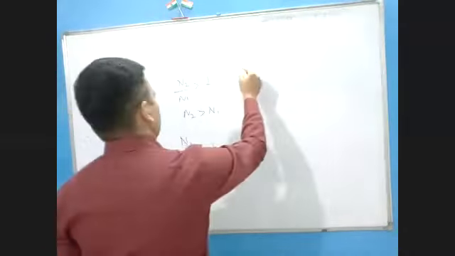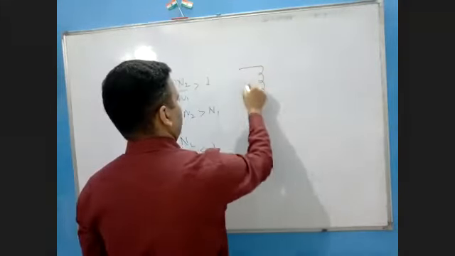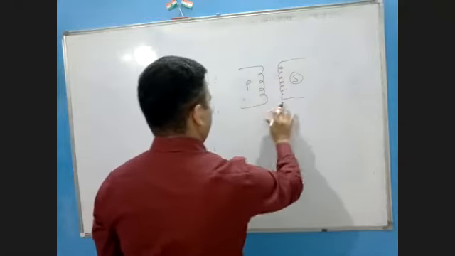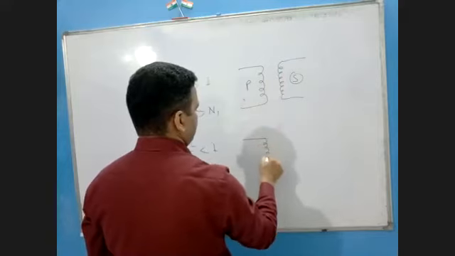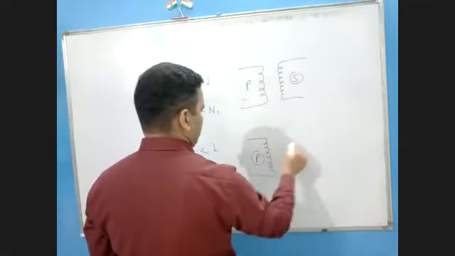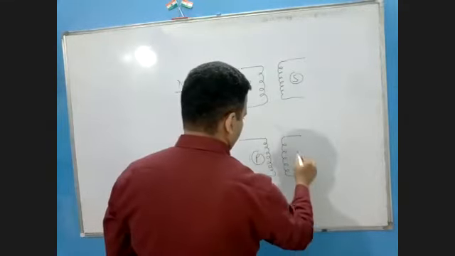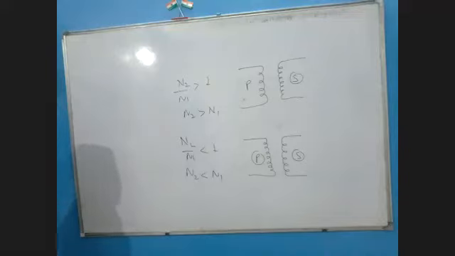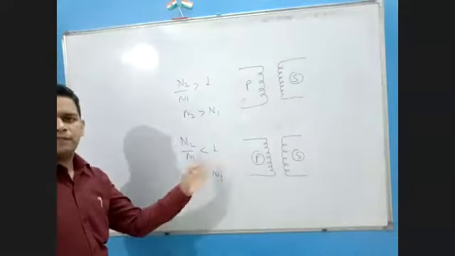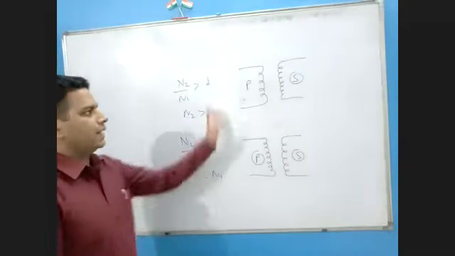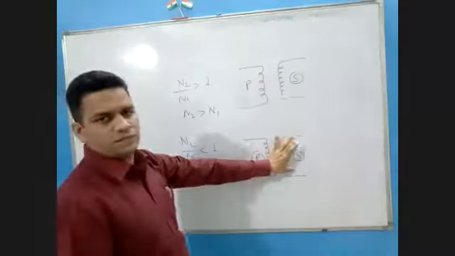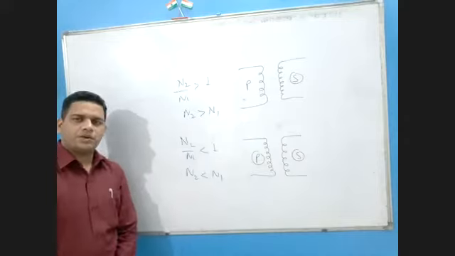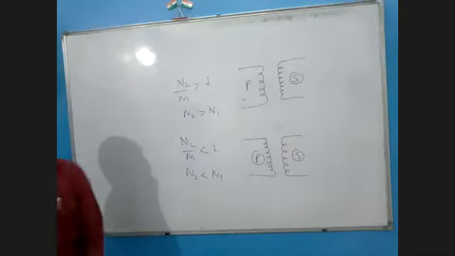For example, it will be like this: primary coil, and this one secondary coil for the step up, and for step down, this one the primary coil and this the secondary. So the more the number of turns, the higher the voltage. If you want to step down, then fewer turns through the secondary coil. Secondary coil means through which we receive the output.